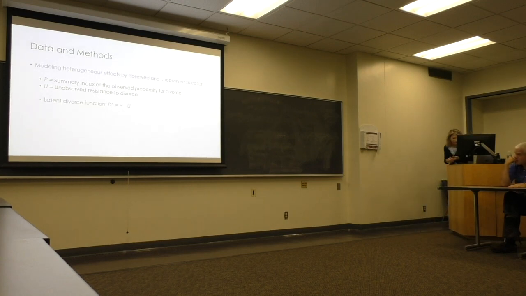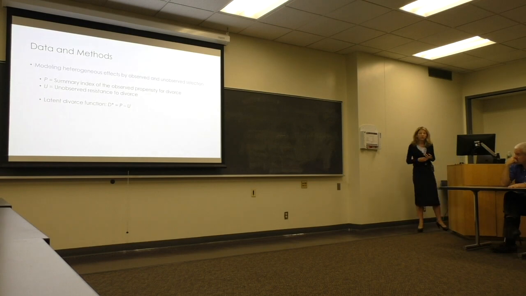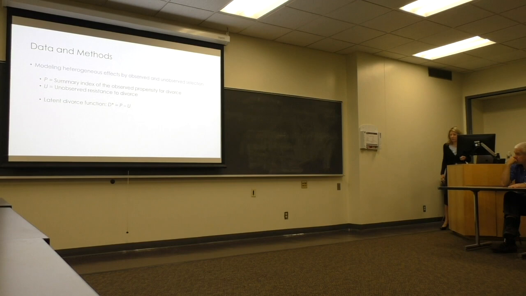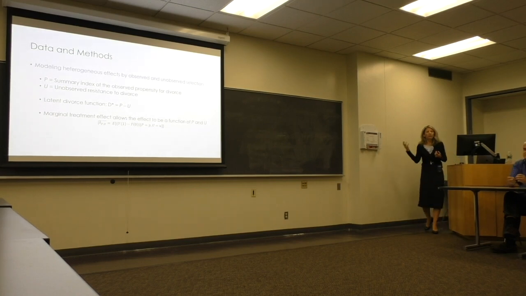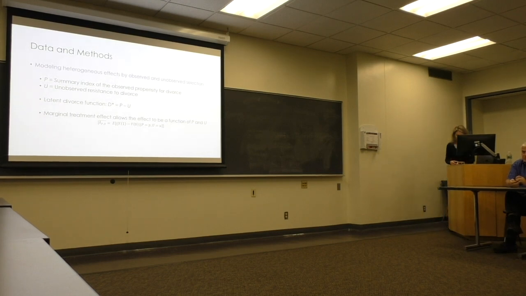We let the latent divorce function D star equal P minus U, so parents divorce when D star is greater than 0. And then we define the effect of parental divorce on children's outcomes to be a function of both P and U, at least for interpretive purposes. We can conceptualize it this way.